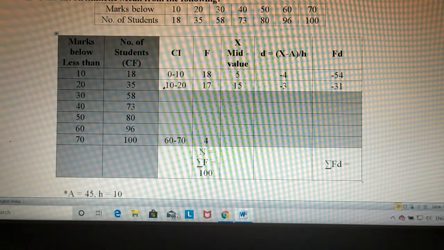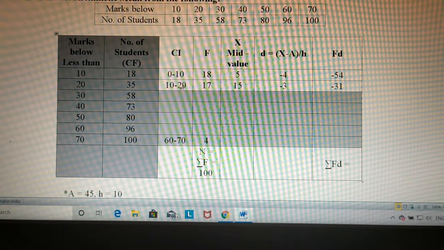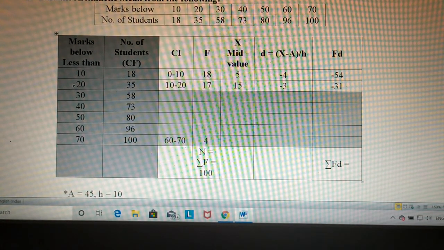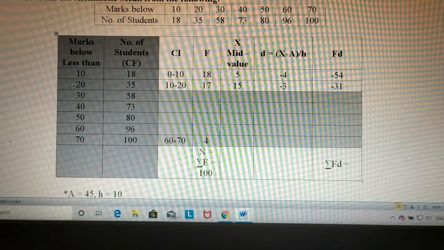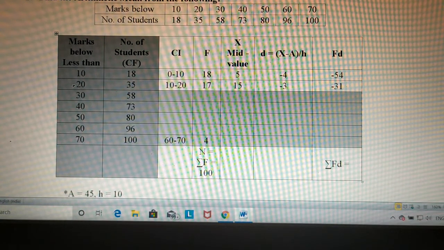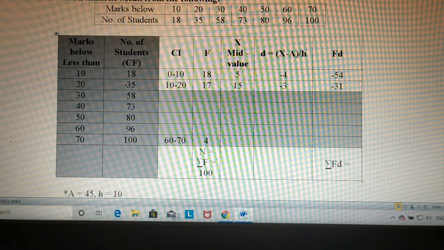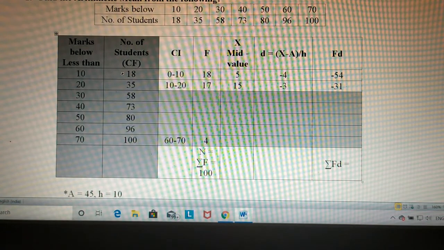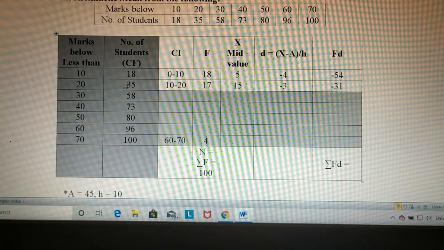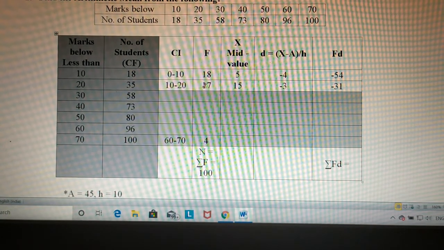The next class interval will be 10 to 20, which means how many students have scored more than 10 but less than 20. In order to get that value, you have to subtract 18, the preceding row value, from 35. That is 35 minus 18, you will get 17.